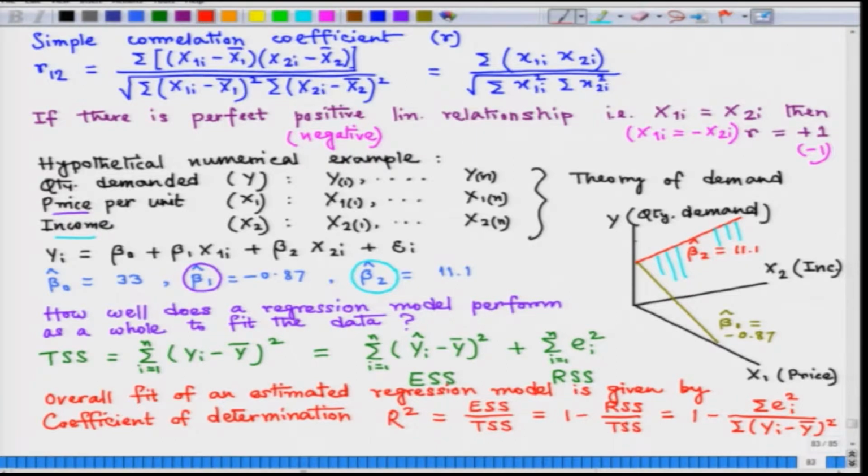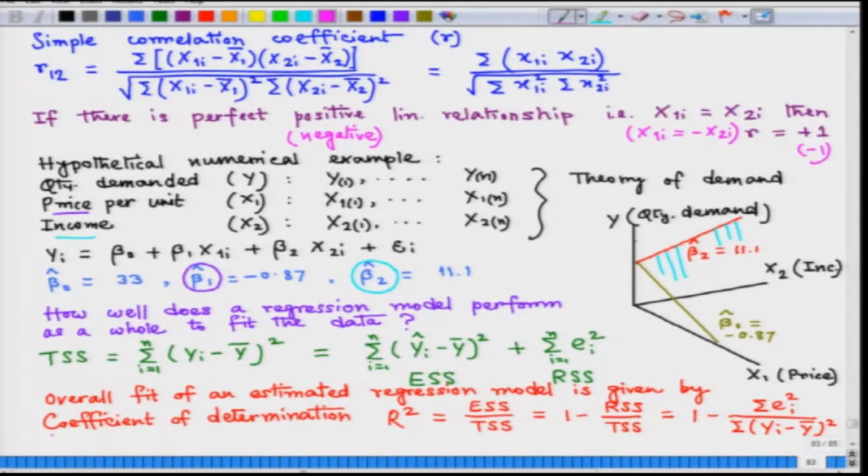Okay. So, now note that this R square takes a value in a range. My TSS, RSS and ESS are all non-negative numbers, right, because they are the squared deviations, and the explained sum of squares, that is basically ESS, is less than or equal to TSS, the total sum of squares.